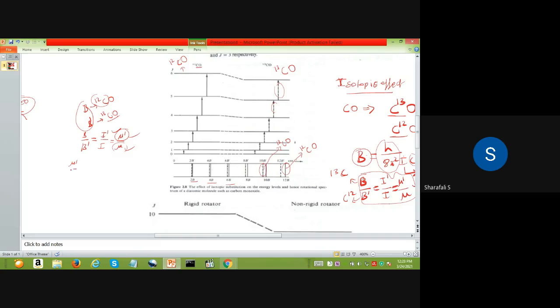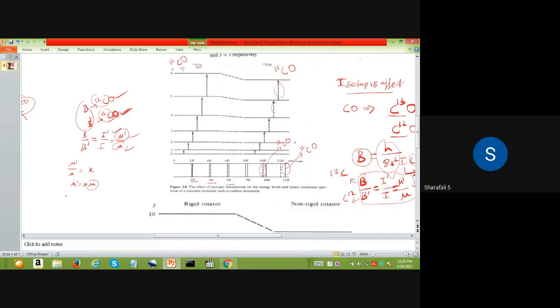So mu dash by mu will be equal to some value, let's say x, then mu dash will become x mu. So this mu you know. In mu dash you know the mass of oxygen, but you don't know the mass of this one. Then you can find that out.